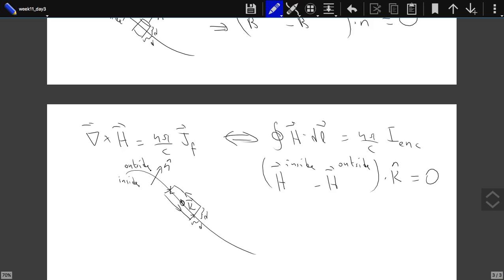Now when we set the D goes to 0, there won't be any contribution from the sides. But we will receive contributions from the two sides that are parallel to my surface. Now let me define this vector over here as my m hat vector.